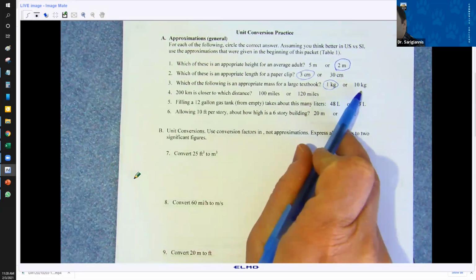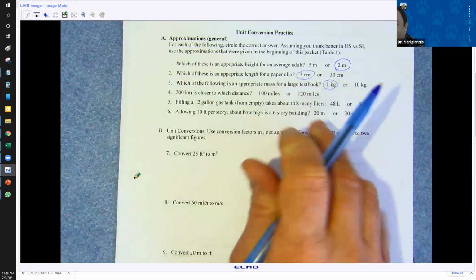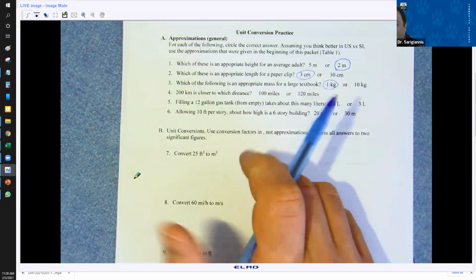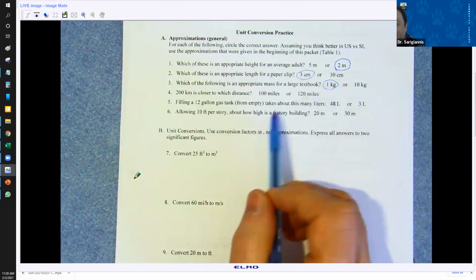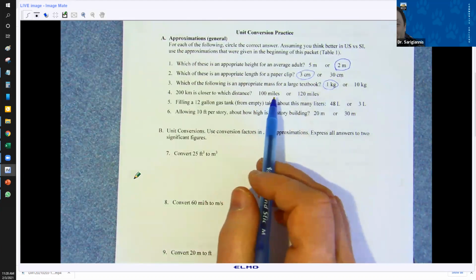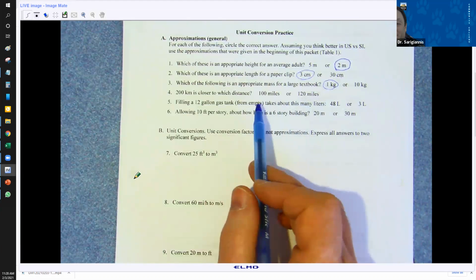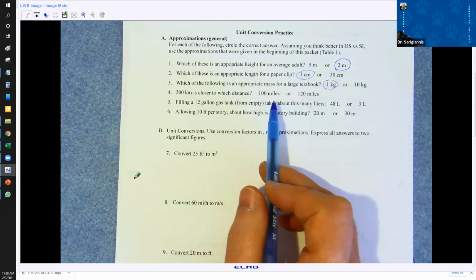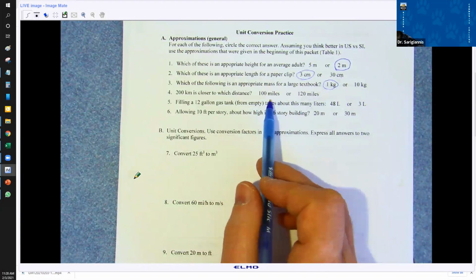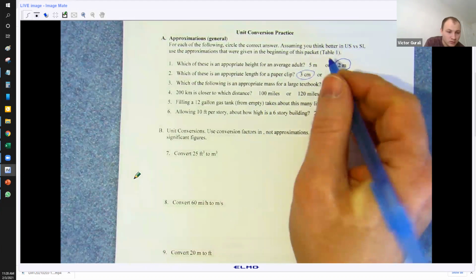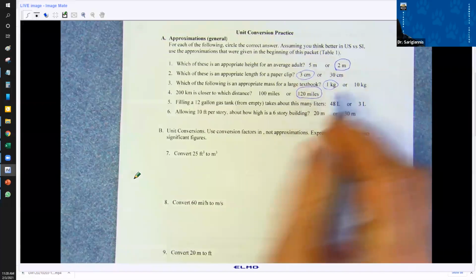Have you ever seen the one book where you walk into the big reference library and there's a huge book in the middle of everything and it's opened up on a pedestal? That's probably a 10 kilogram book. 200 kilometers is closer to which distance? This one's a little trickier, I think. 120. Yeah, 120, because they're so close.